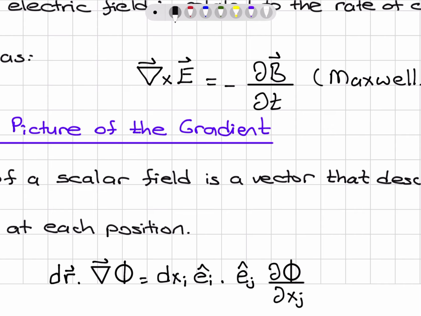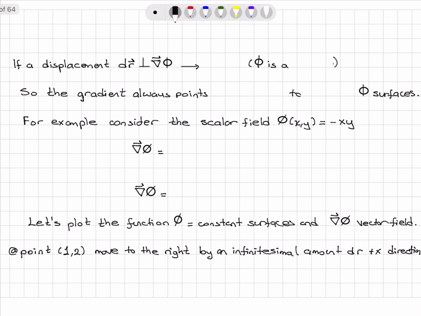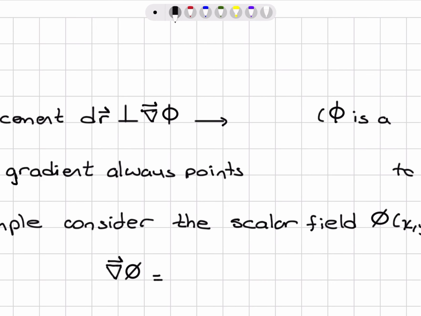So that's how we can represent the dot product with a small displacement using the subscript summation notation. Now, because this is a dot product, this implies delta ij, so that means we will have d phi del xi dxi.